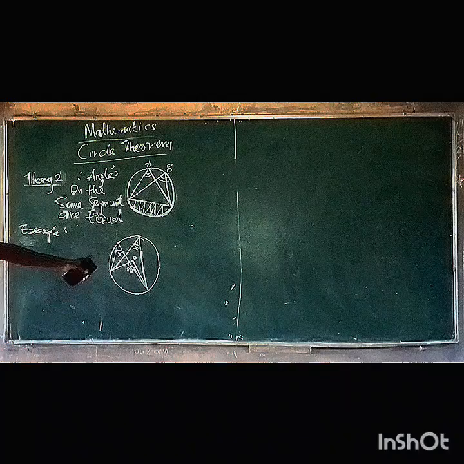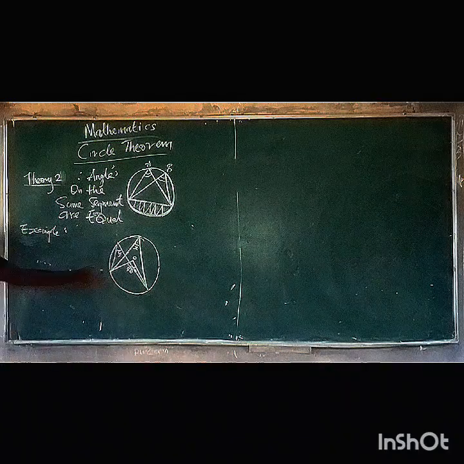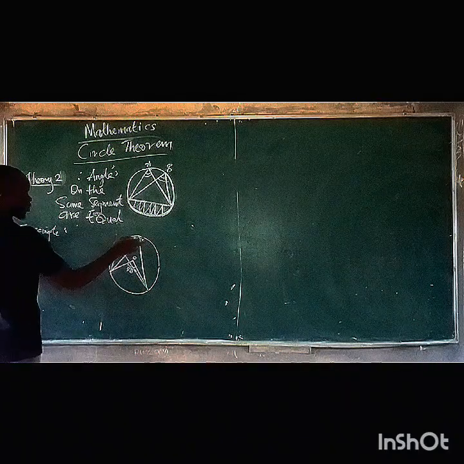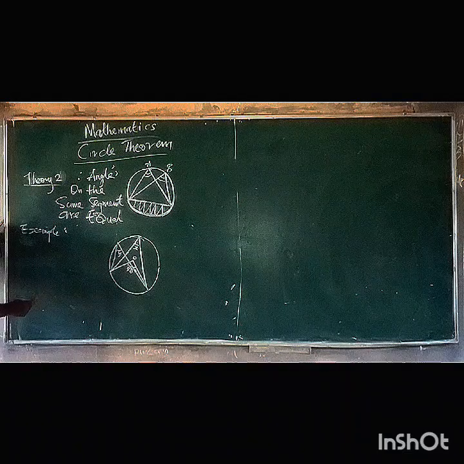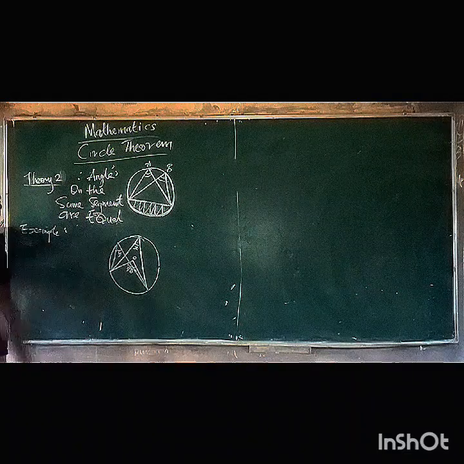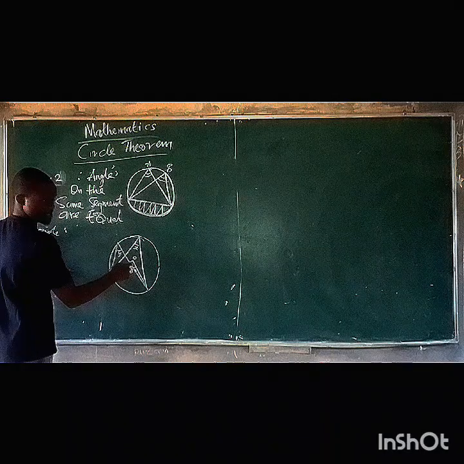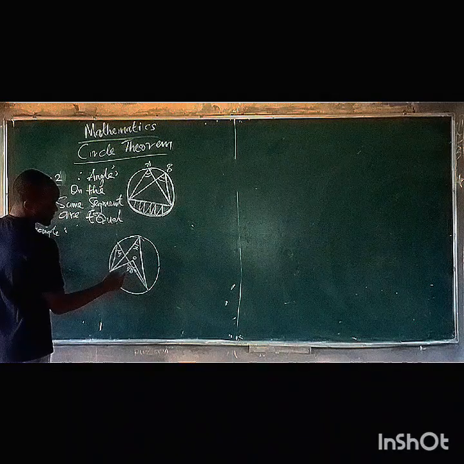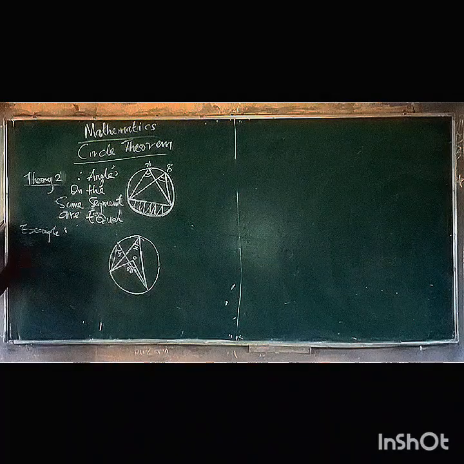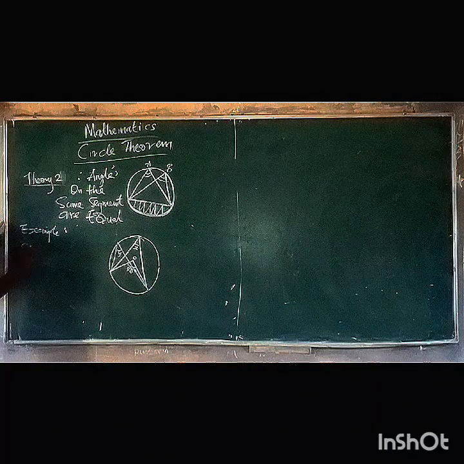So how do we get the value of X and Y? I will first find either X or Y. Let me find X. Now, remember the first theory that said the angle at the center is twice the angle at the circumference.